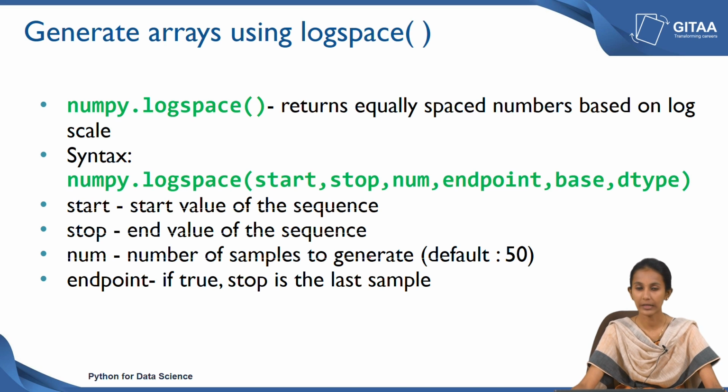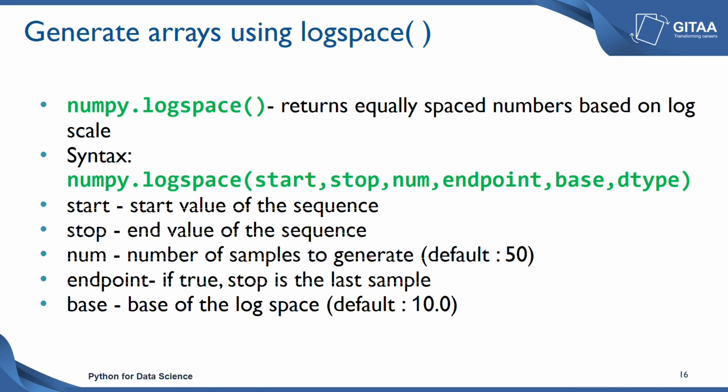If true, the last sample will be included in the output. Base is the log base value, and the default is 10.0. dtype is the type of the output array.